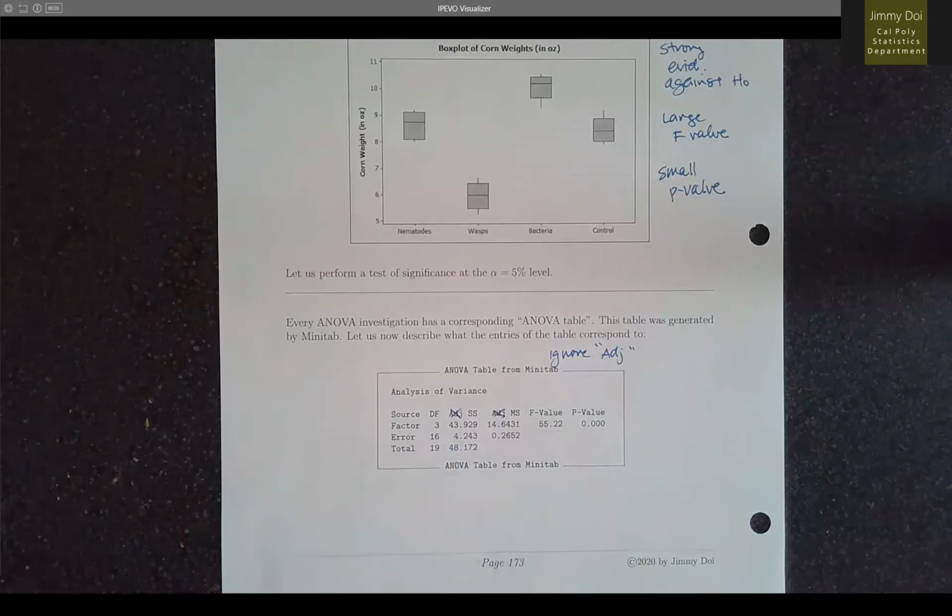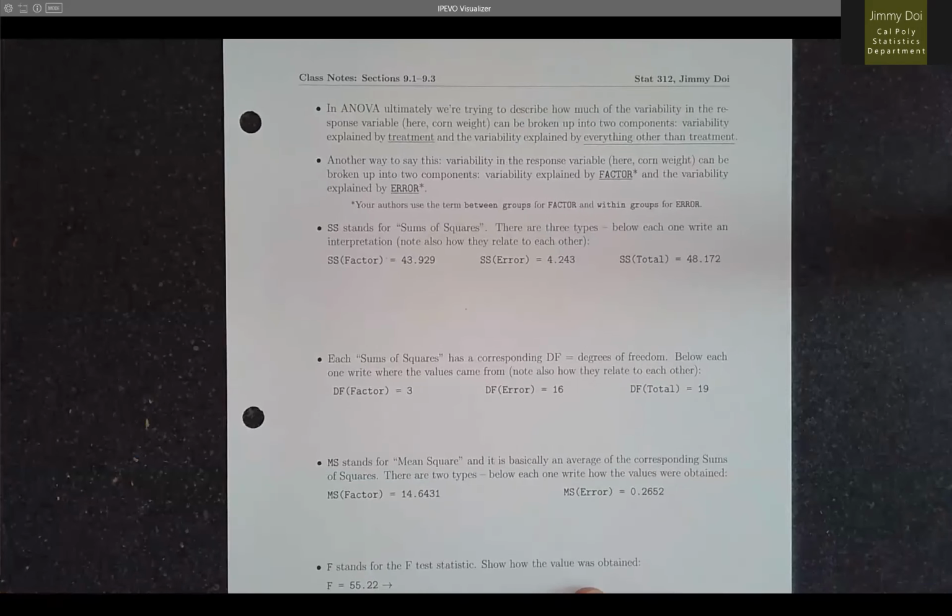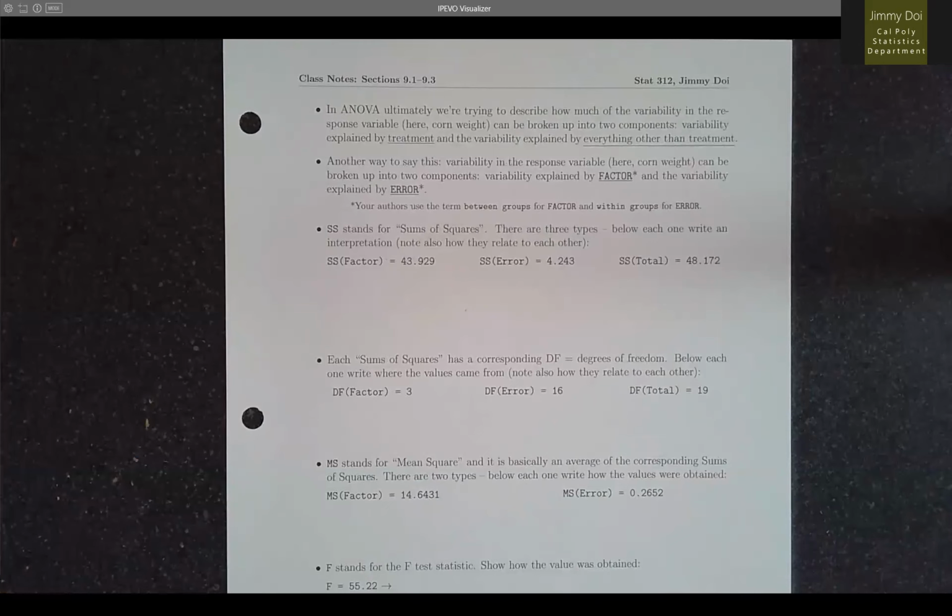Let's go to page 174, please. And over here, before we go too deep into this page, I'd like for you to do a comparison with something that we've seen a long time ago.